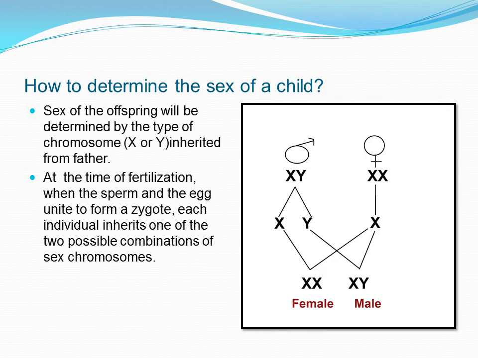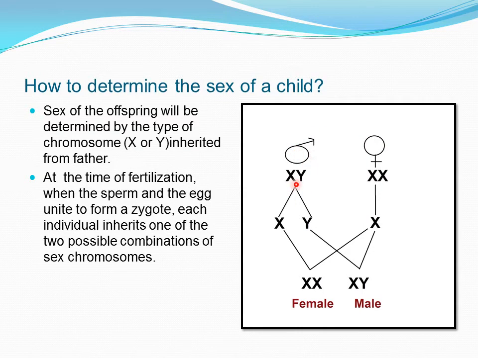Now let us see in this slide how to determine the sex of a child. So today's topic. What is happening at the time of reproduction? During gamete formation, these paired chromosomes separate. This is the female and this is the male.